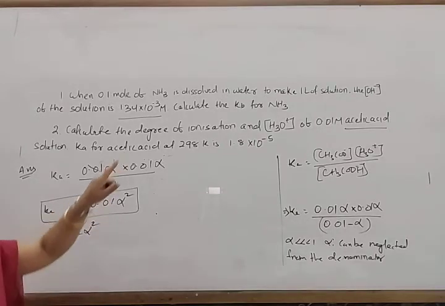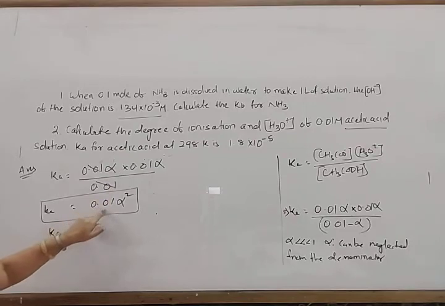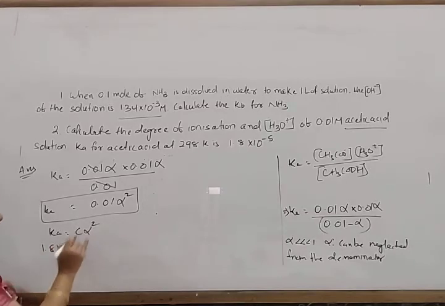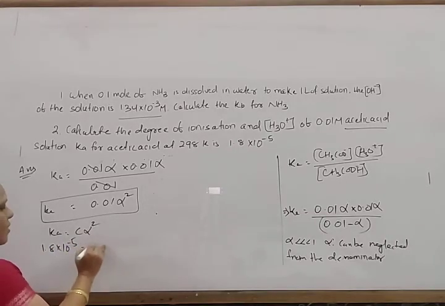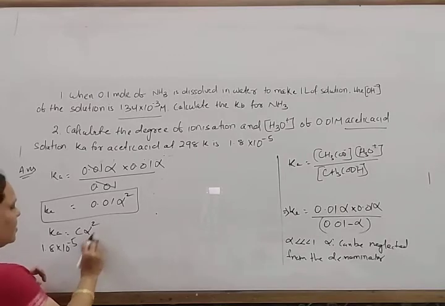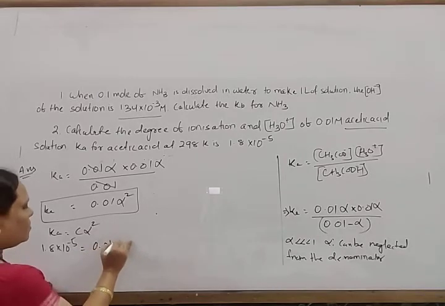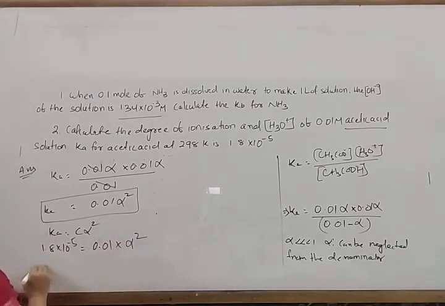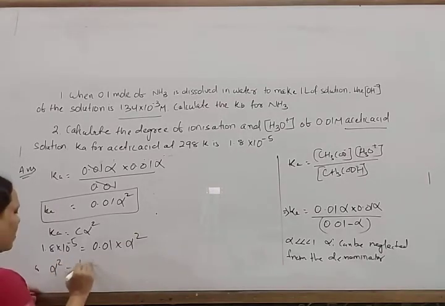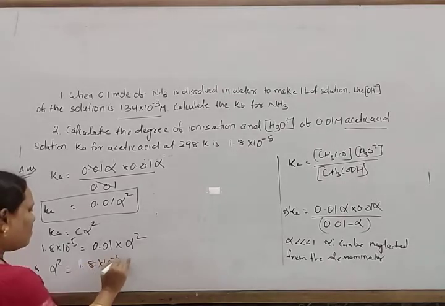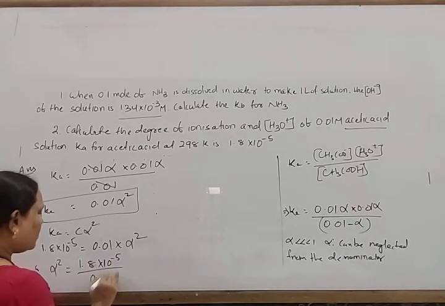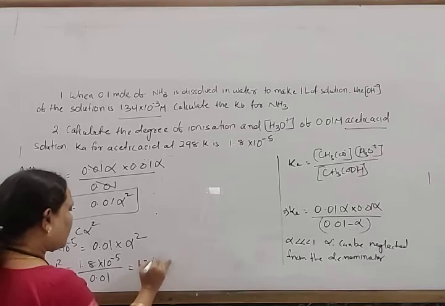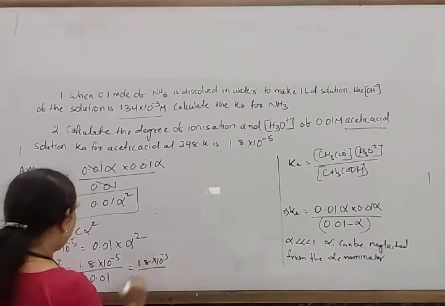See, the concentration is given as 0.01 and alpha is the degree of ionization. Ka is given as 1.8 times 10 to the power minus 5, equal to C, the concentration 0.01, into alpha squared. So alpha squared is equal to 1.8 times 10 to the power minus 5 divided by 0.01, which is 1.8 times 10 to the power minus 3.